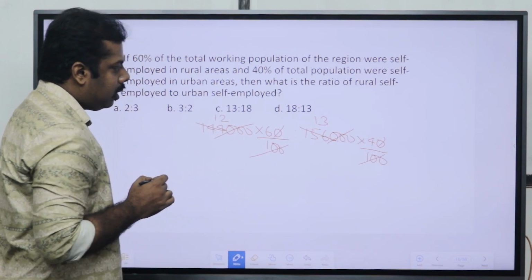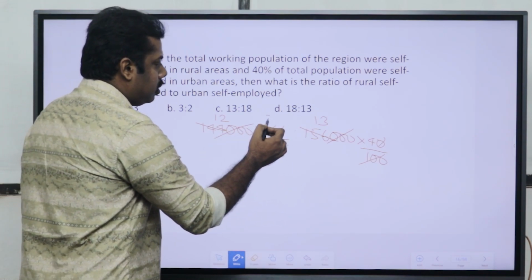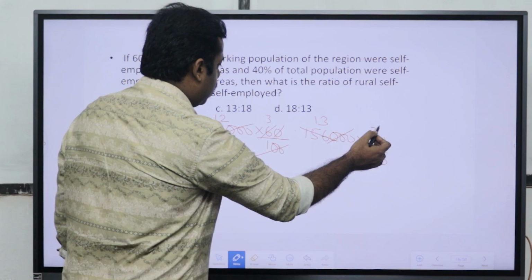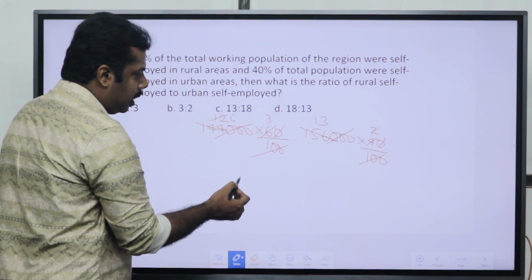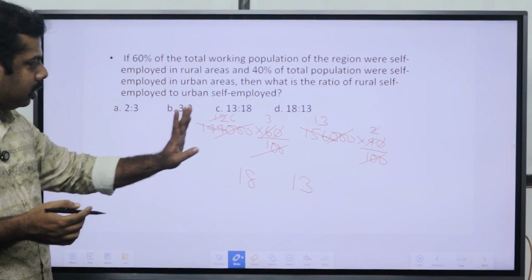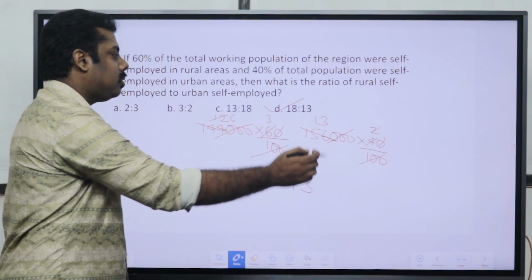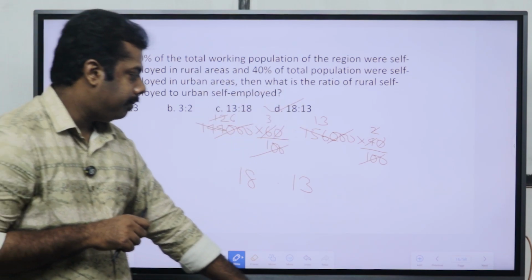Now anything common other than that? Yeah, 6 and 4 have a common factor of 2. So 3 and 2. So this side we are getting 18, and this side we are getting 30. So the option here is option D, that is 18 is to 30.